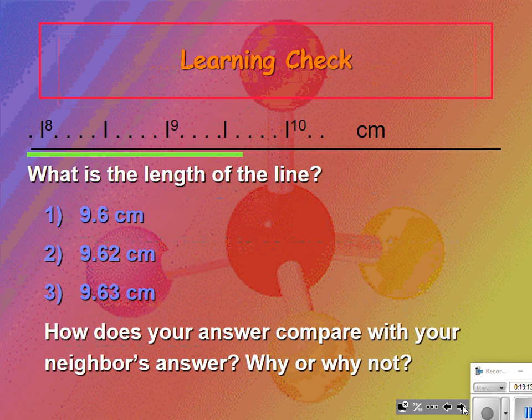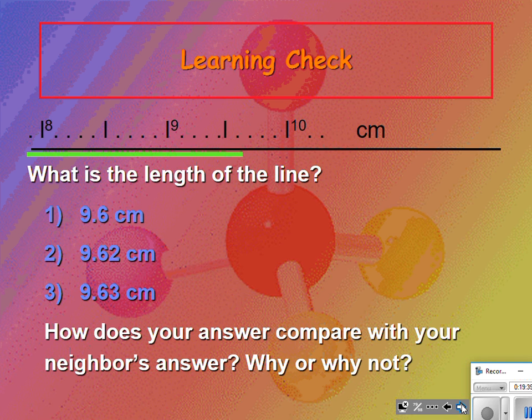Let's do a learning check right now in your notes. I want you to jot down what you would have for the answer of reading this line. Which one did you pick? 1? I hope you did not pick 1, because 1 does not have an estimated value, does it?